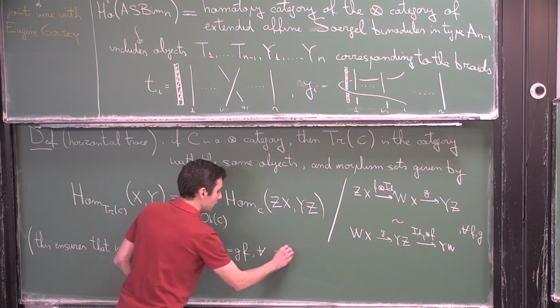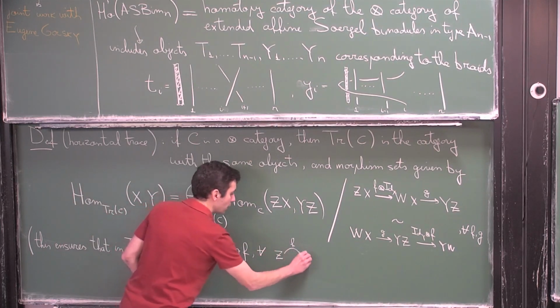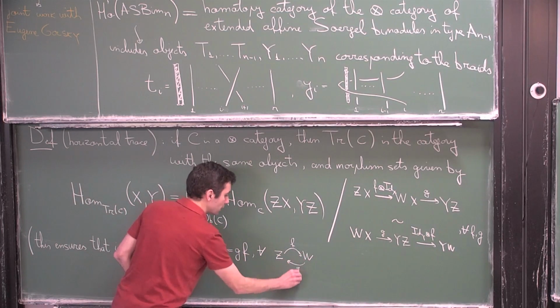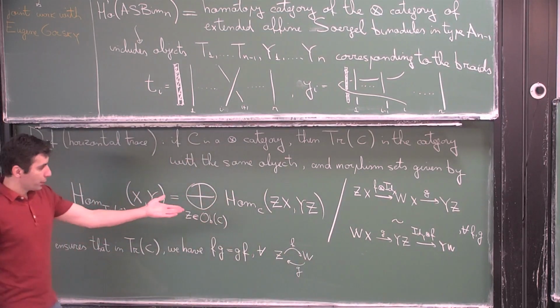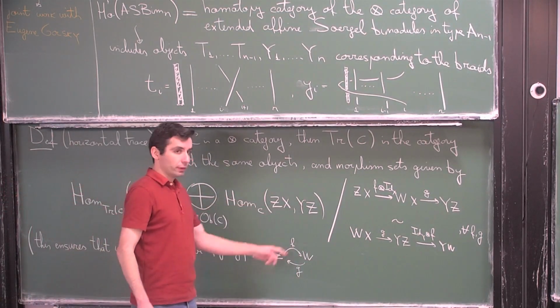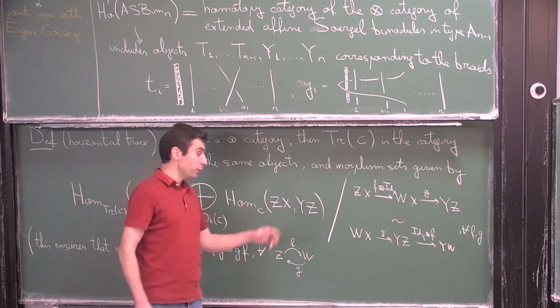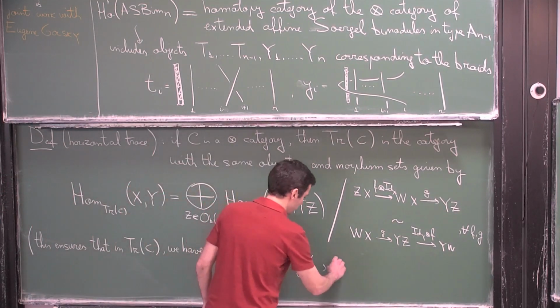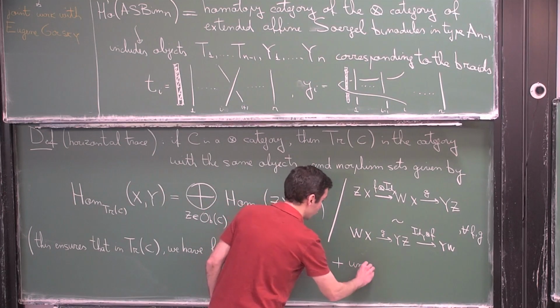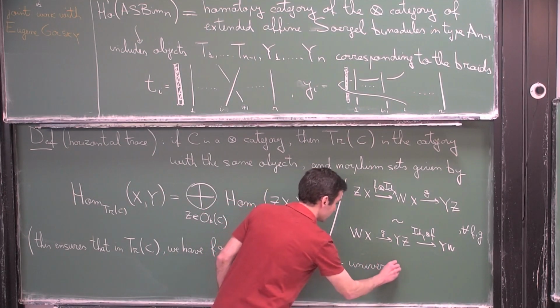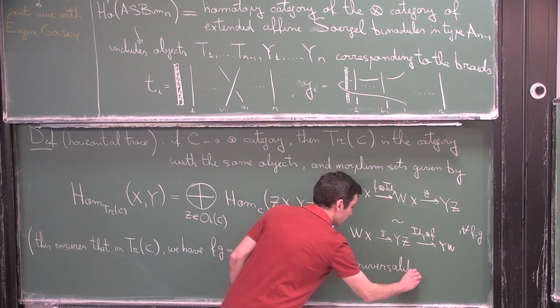Let's say it like this. F goes this way and G goes this way. I mean, the property over here is stronger. This is a special case of that property, but we use a stronger property because we also want to guarantee that this construction is universal in a certain sense, which I will not expand on.